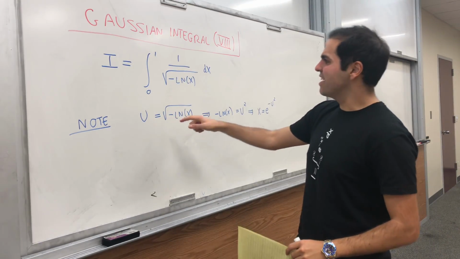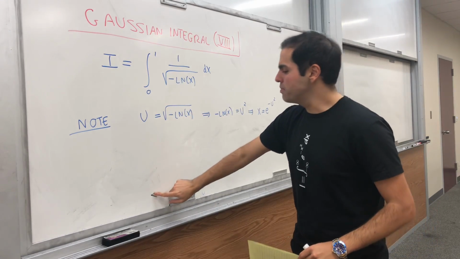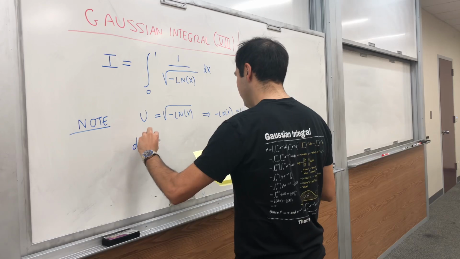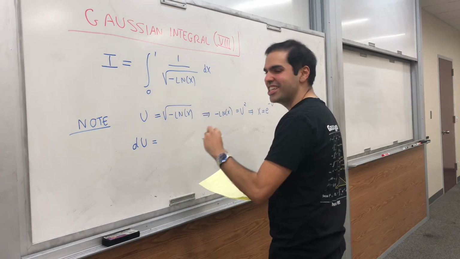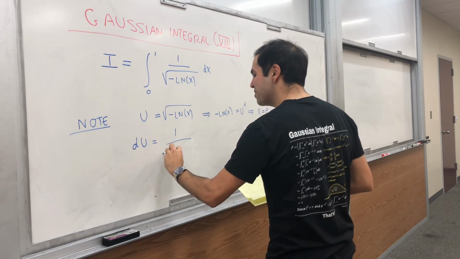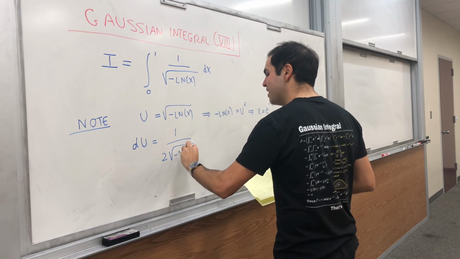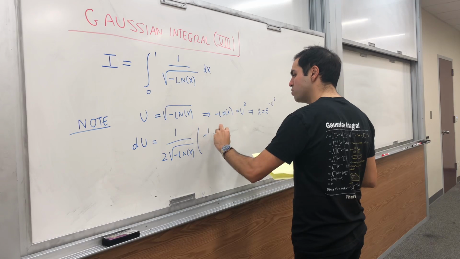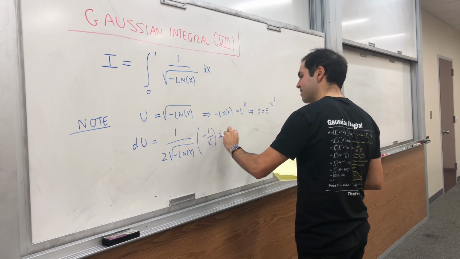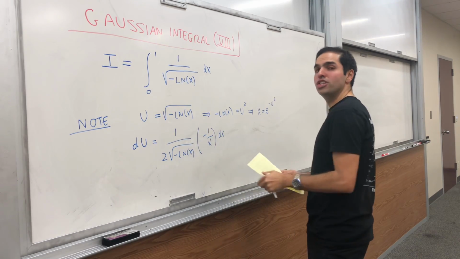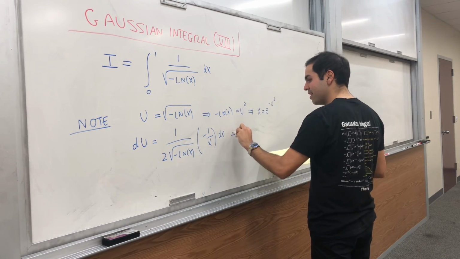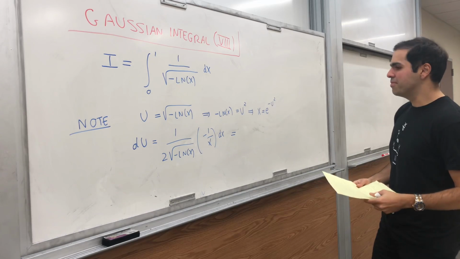Next, we need to do the u-substitution, so we need to calculate du. du is just, by the chain rule, 1 over 2 square root of minus ln of x, times minus 1 over x dx, because you also need to differentiate this minus ln of x. We can simplify this a bit more.